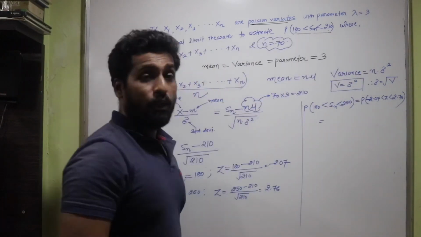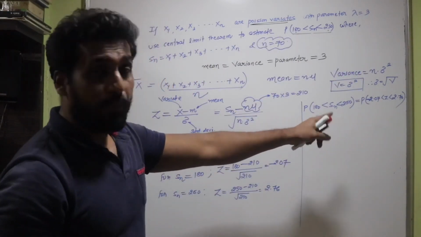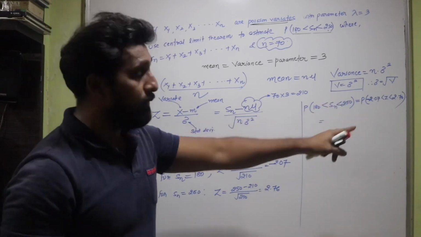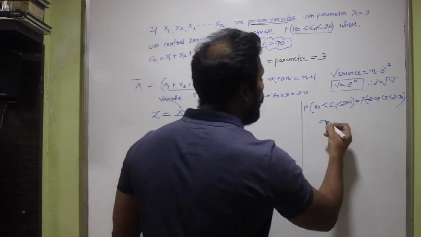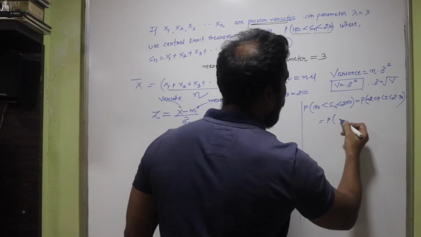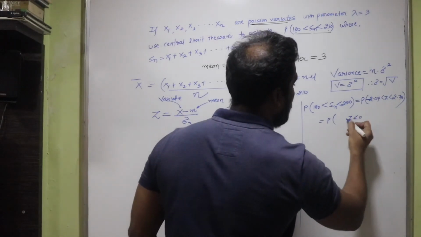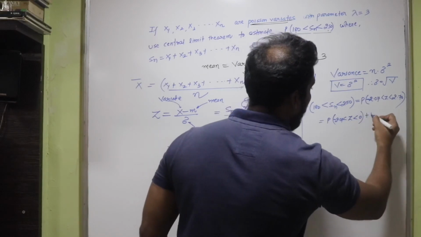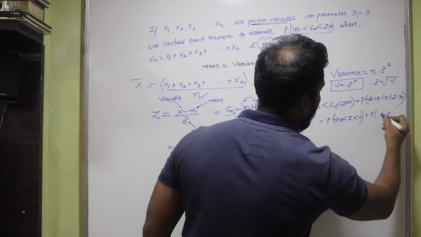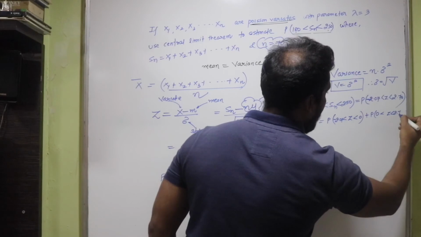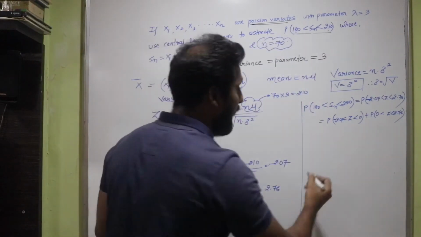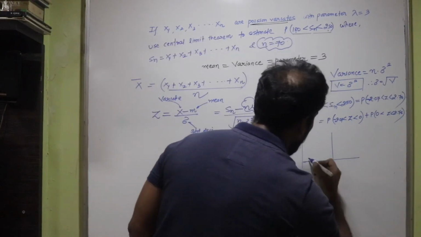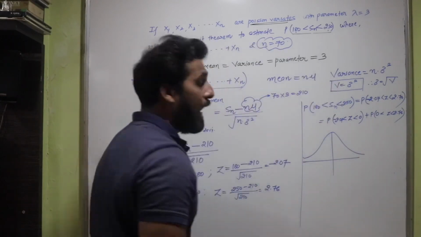So the value of Z is lying between minus 2.07 to 2.76. This can now be broken into two parts: probability of Z from minus 2.07 to 0, plus probability of Z greater than 0 but less than 2.76.